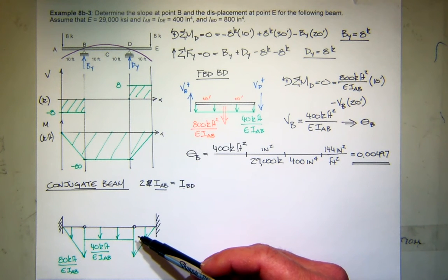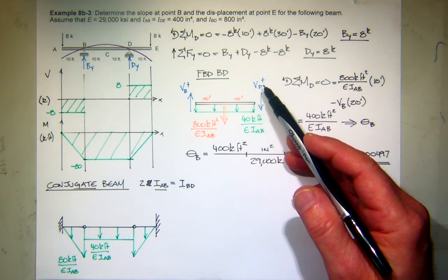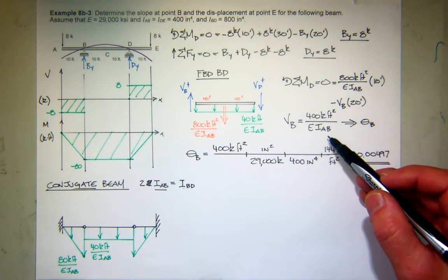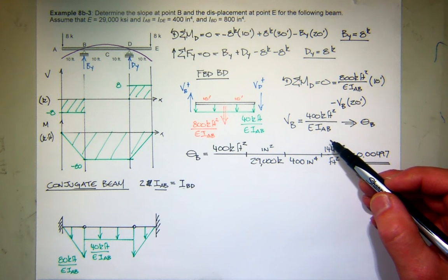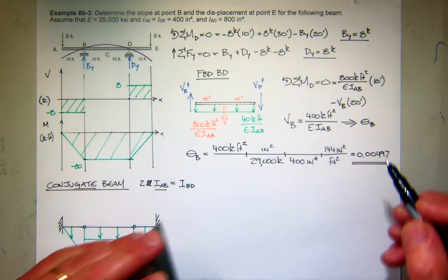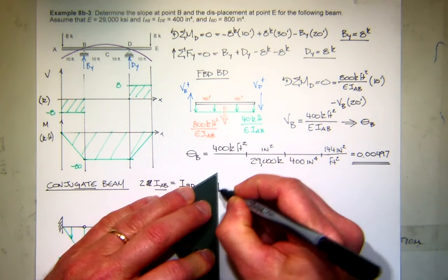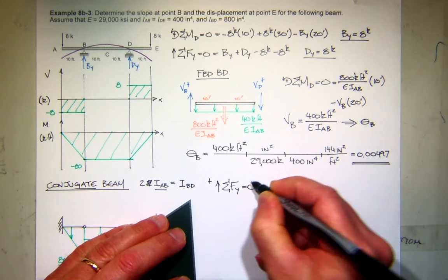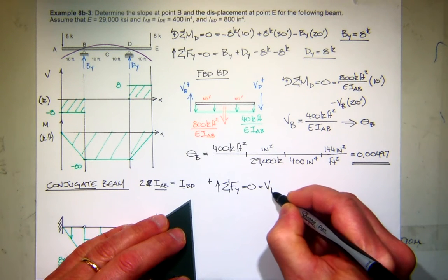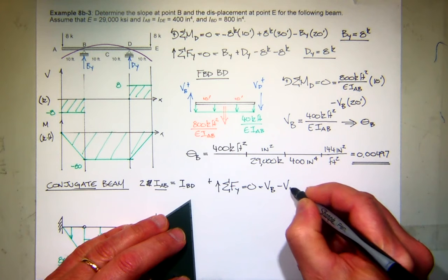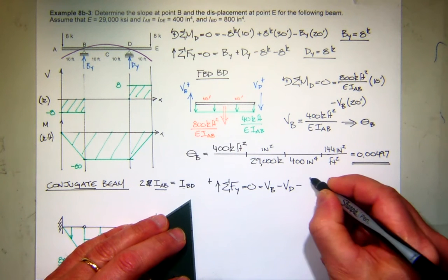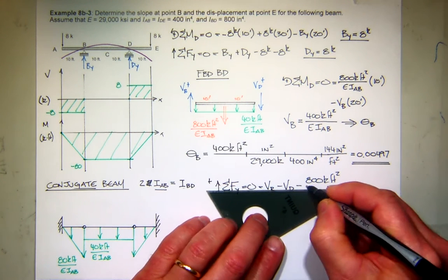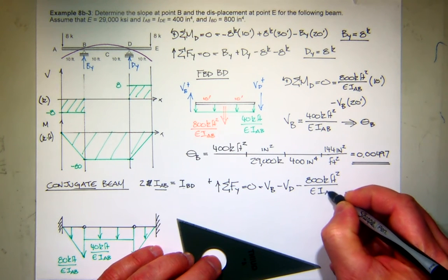Negative shear. Right. So when you solve for this problem, you're going to find out that V_D is negative 400 kip-feet squared over EI. Do I need to write that equation out? You guys see that? Maybe I should anyway. So if we go back and sum forces in the y direction, dealing with this free body diagram, I've got the shear at B acting up, I've got the shear at D acting down, and then I also have my applied force, which is 800 kip-feet squared over EI_AB.